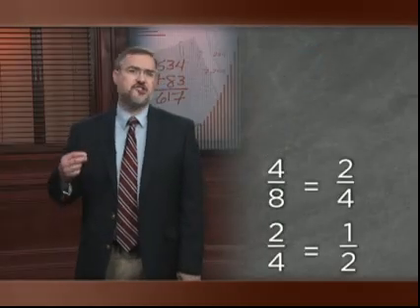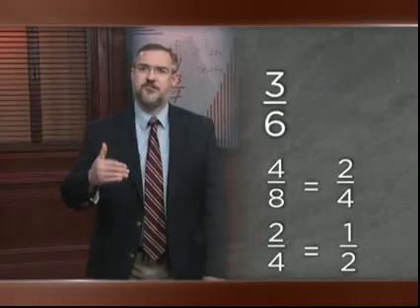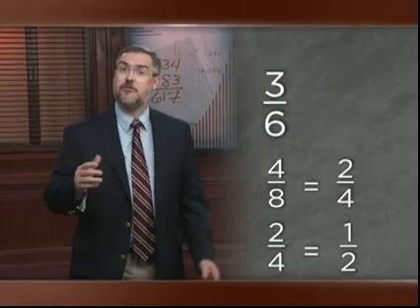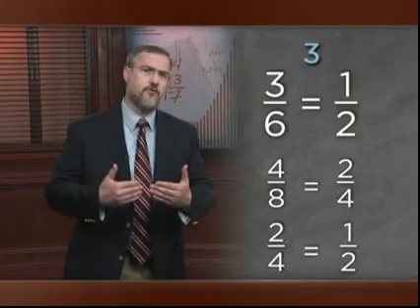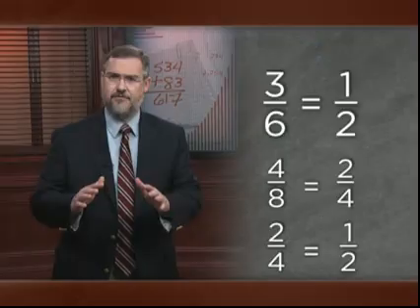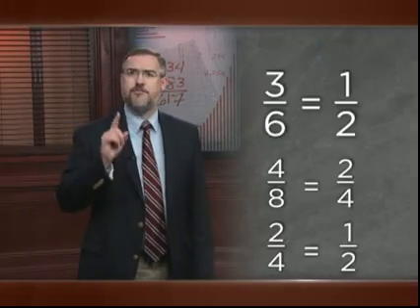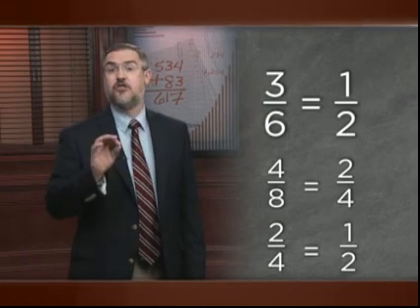And 3/6 is not in reduced terms because the 3 and the 6 both have a common factor of 3. So even though 4/8 and 2/4 and 3/6 are all equivalent to 1/2, the only fraction in this family which is in reduced terms is the 1/2.